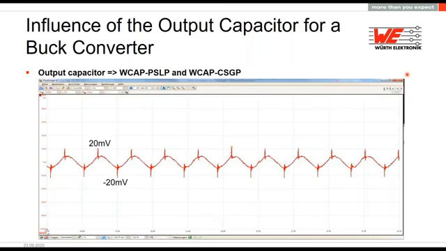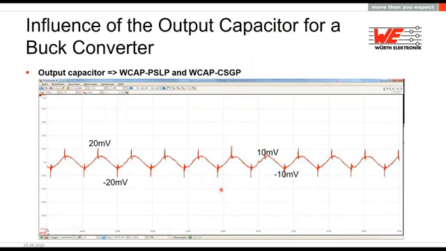The best thing I can achieve is when I place another MLCC after the polymer capacitor. When I put capacitors in parallel, I also reduce the ESL and increase the capacitance value, and this results in a really good result of just 40 millivolt peak to peak when I go from here to here. Now imagine I have a really good layout.